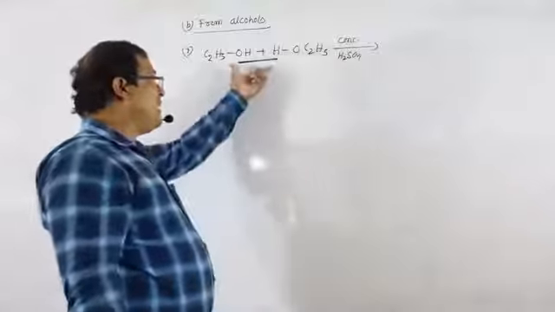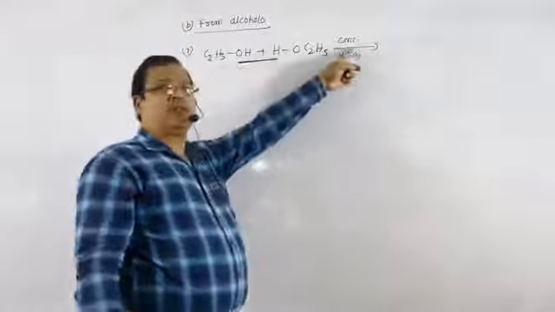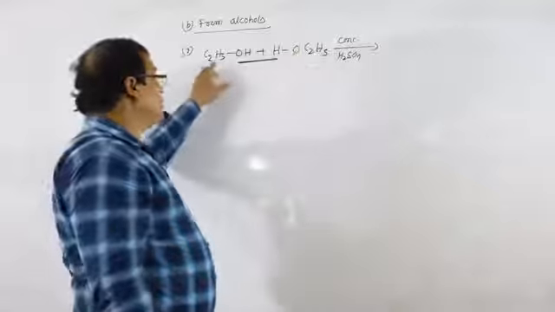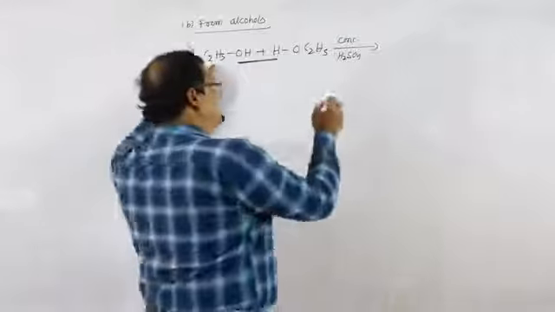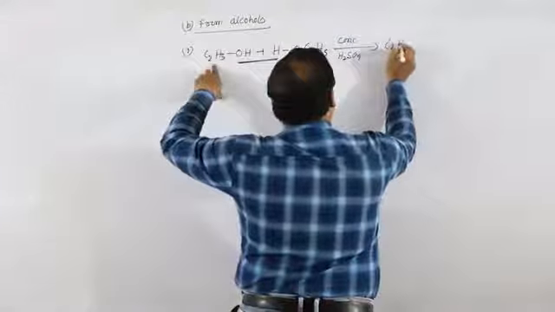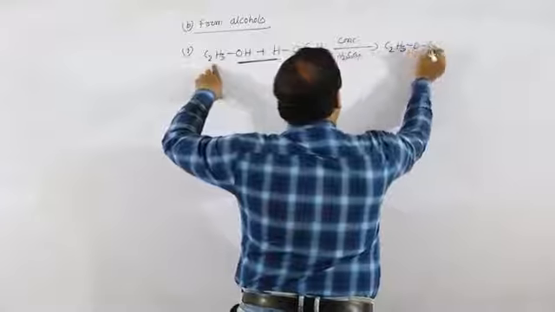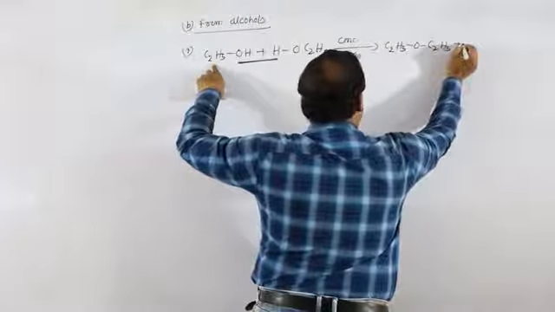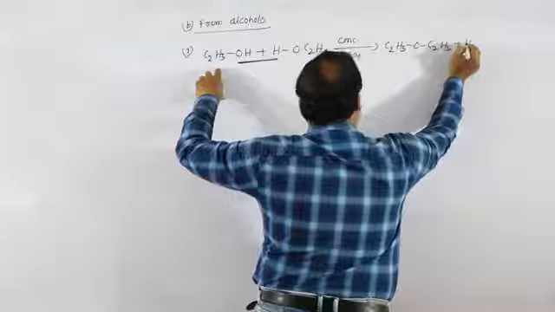This water molecule is absorbed by the concentrated sulfuric acid, because it is the dehydrating agent. So what will be the product? C2H5OC2H5. There is the formation of ethoxyethane, diethyl ether, that is symmetrical ether.